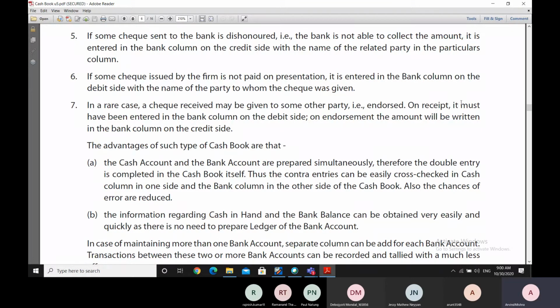So on receipt, it must have been entered in the bank column on the debit side. A check which was endorsed by us, first thing, it was received by us. So when we had received the check, we had entered it in the bank column on the debit side, on the receipt side, on receipt of the check.